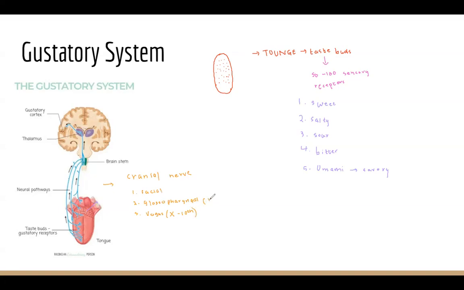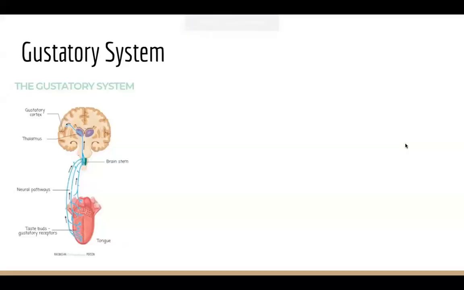Your glossopharyngeal is your 9th nerve, and your facial nerve is your 7th nerve. Let me just make sure really quickly, because I don't want to tell you guys the wrong thing. Right. So as I was saying, I was actually correct.